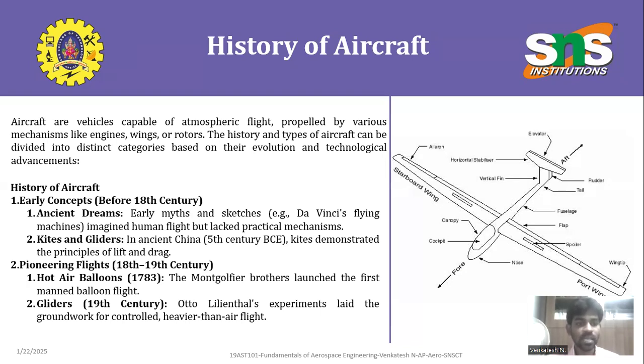In ancient dreams, the earlier myths and sketches, like Da Vinci's flying machines, imagined human flight but lacked practical mechanisms. And kites and gliders: in China in the 15th century, the kite demonstrated the principles of lift and drag.